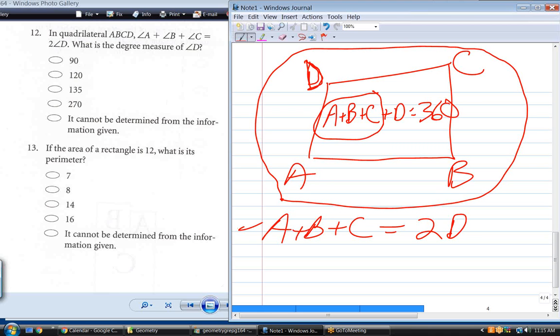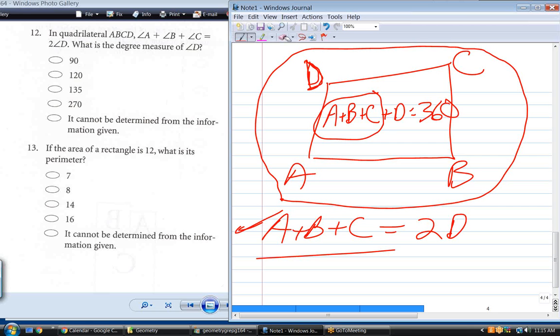Based on this equation they gave us, what do they tell us? A plus B plus C is equal to 2D. So what can I replace it with? Just 2D. You see why?